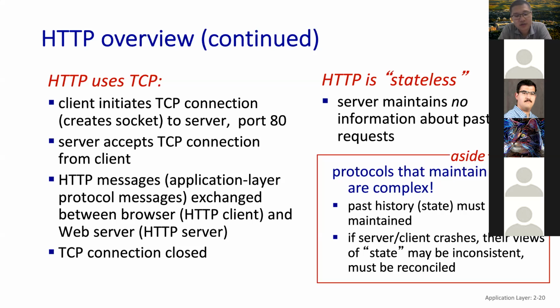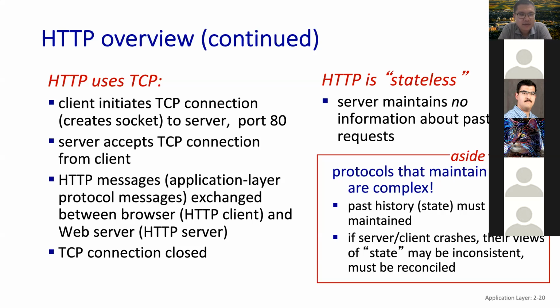The URL lets you know the IP address, and then you have to specify the port number 80 here, because 80 is for the HTTP process running on the host.